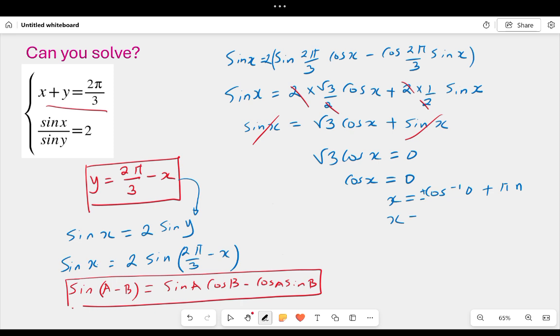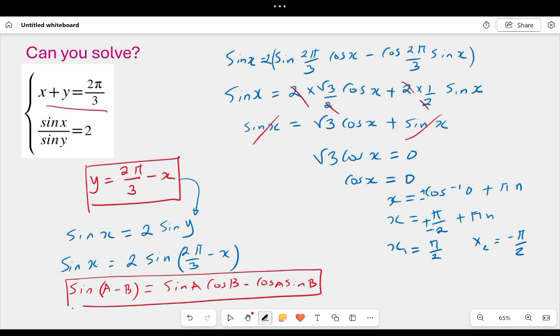The cos inverse of 0 is actually pi over 2. So plus or minus pi over 2 plus pi n. Now, if we are dealing with the first quadrant, the two solutions for x will be x1 equal to pi over 2 and x2 equal to minus pi over 2.